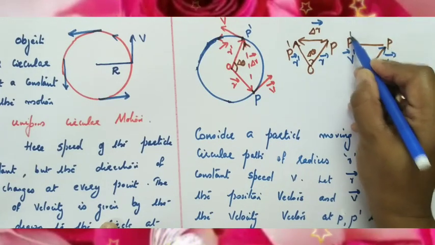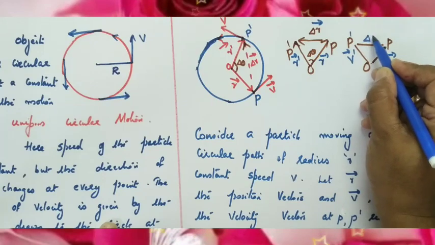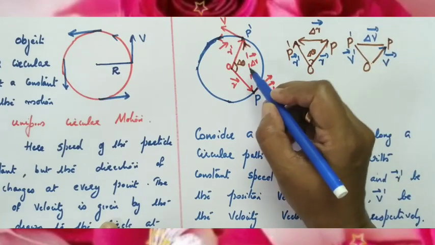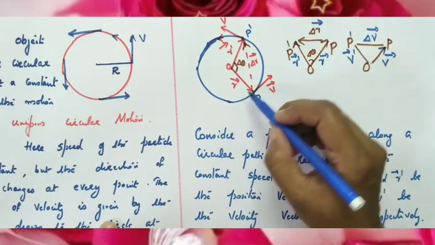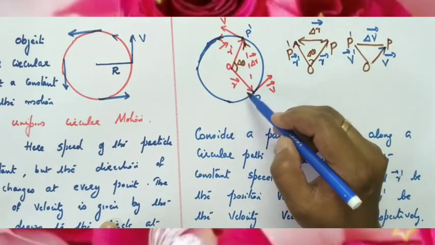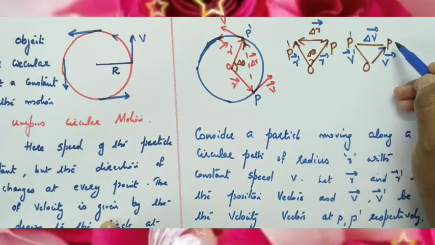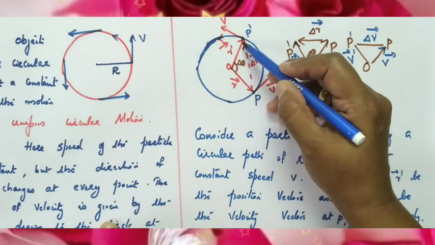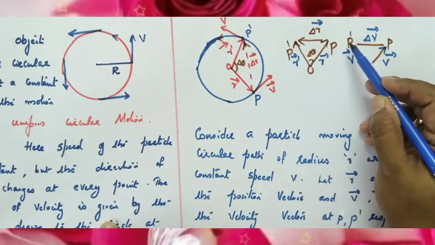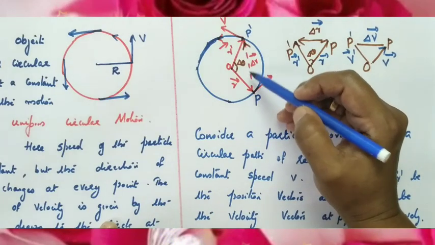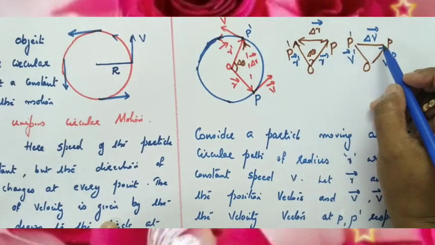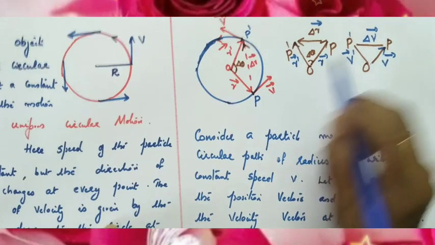Corresponding to P, P dash, there is a change in velocity, delta V, that we cannot mark here in the original figure. So corresponding to r, there is a velocity vector V, corresponding to vector r dash, there is a velocity vector V dash, and corresponding to the displacement vector, there is a change in velocity vector, delta V.